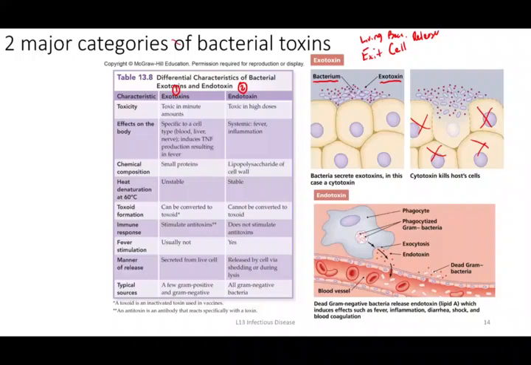And so it turns out exotoxins, you don't need a lot of them to be toxic. They tend to be highly specific, so there are some that can kill more types of cells, but some are often very targeted to specific types of cells. And they're usually proteins that are unstable, so if you heat them up, they get destroyed. We can often take them and use them, as it says here, converted to a toxoid.